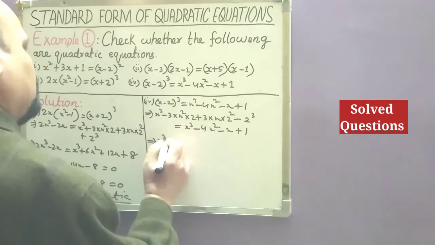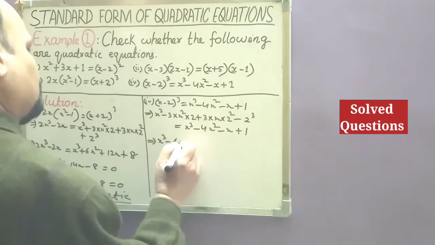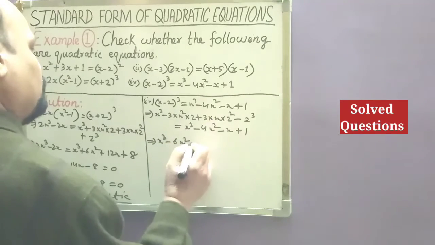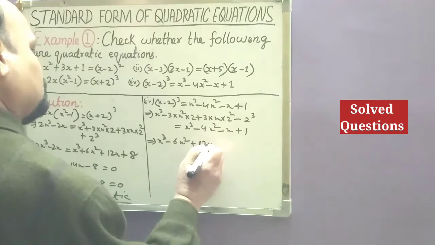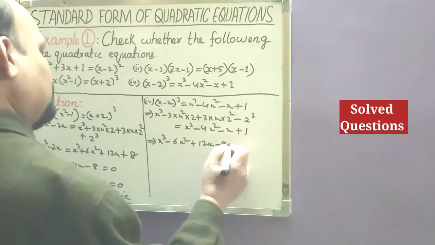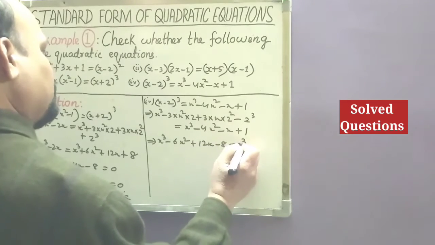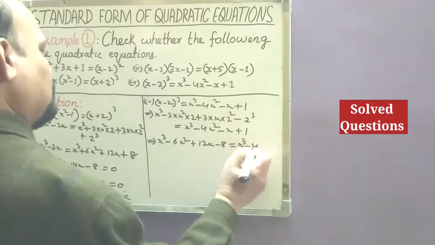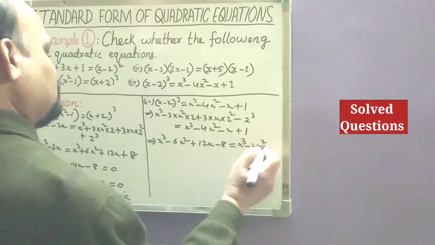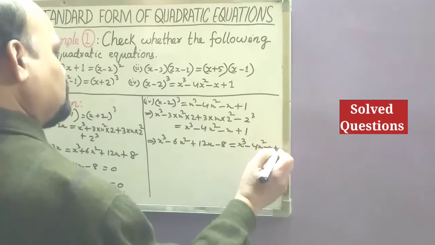That implies that x³ − 6x² + 12x − 8 = x³ − 4x² − x + 1.